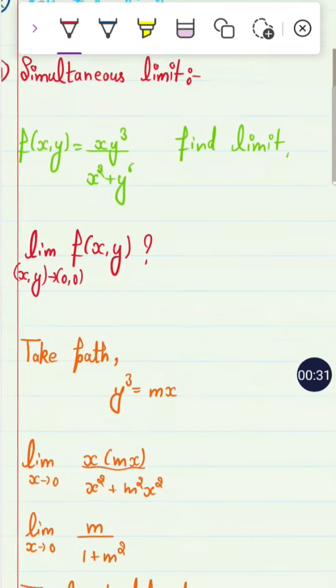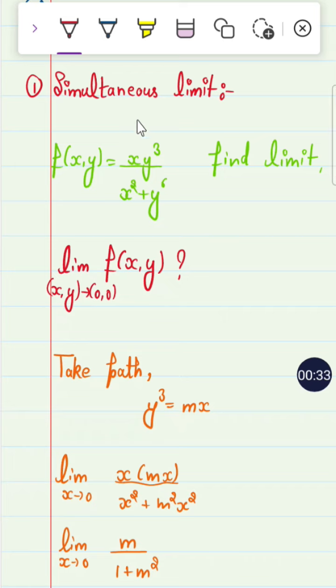Now let us define the simultaneous limit by an example. If we have this type of function, then find the limit of this function of two variables. So for the simultaneous limit we have to take a path of the function, put it in the form of a function, and this will become a function of only one variable.